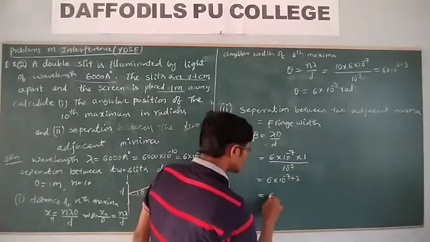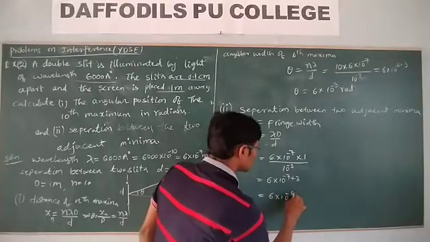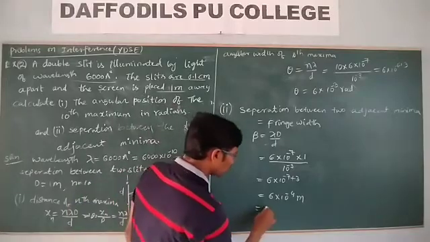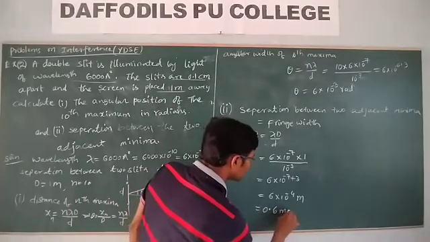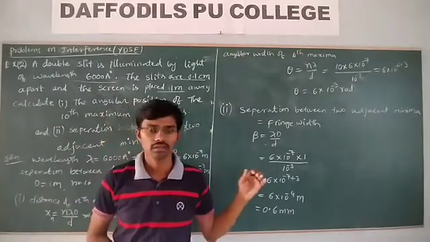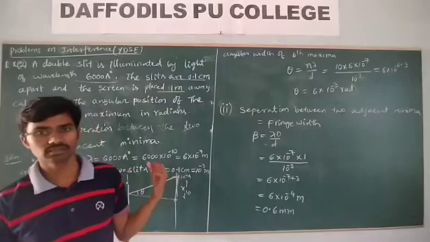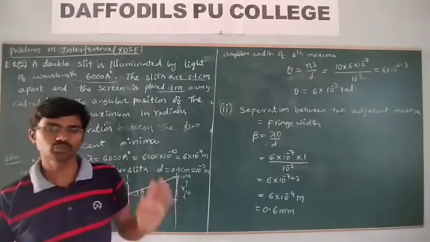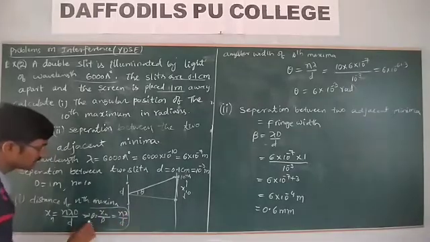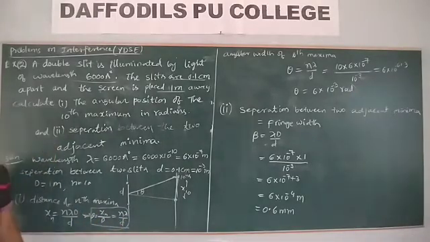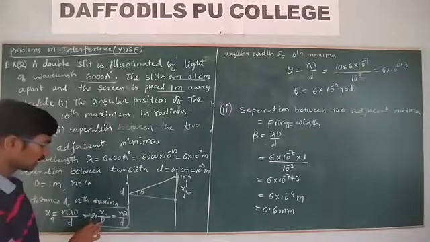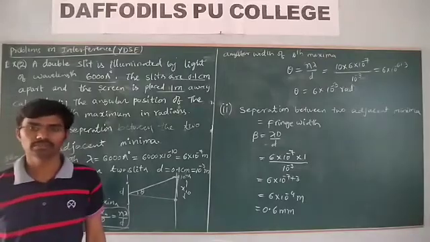That is 6 into 10 power minus 4 meter, or we can write 0.6 millimeter. That is the fringe width of this problem. We just need to know the angular fringe width formula. This is very important. Yesterday we saw all these things; once again remember x_n by D, or beta by capital D.